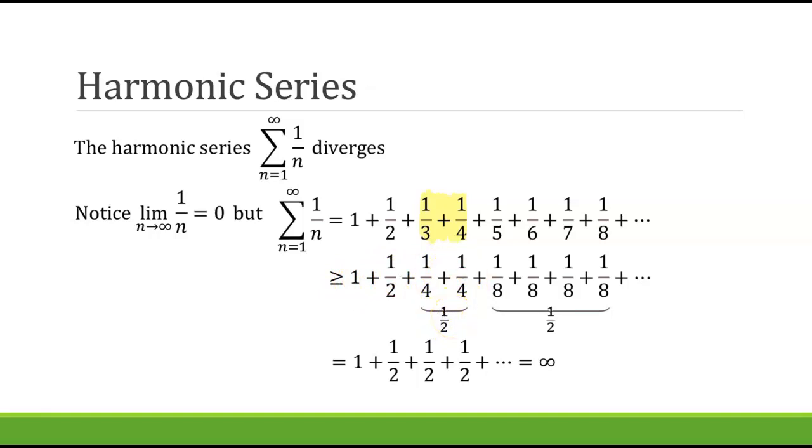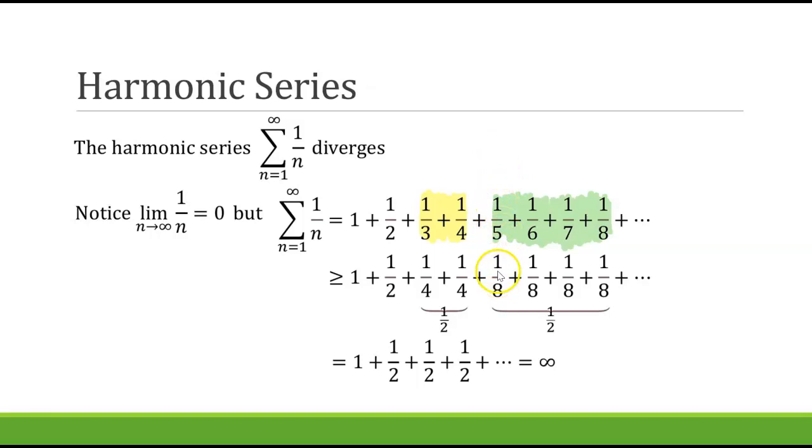And we're going to do a similar thing, but with the next 4 terms of the list. So looking at 1/5 plus 1/6 plus 1/7 plus 1/8, we know for sure that these 4 numbers are greater than or equal to these 4 numbers, because we replaced 1/5 with 1/8.